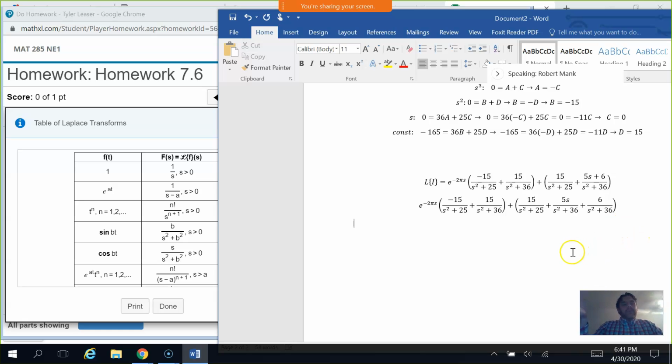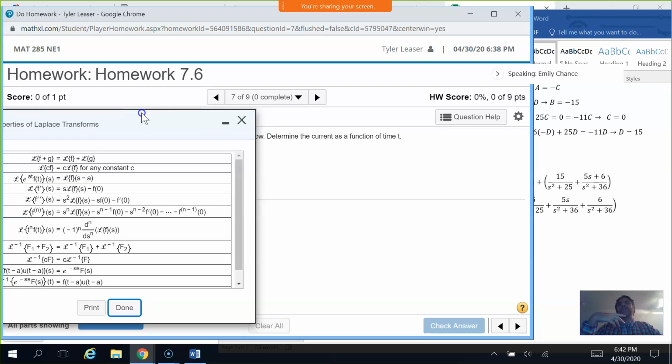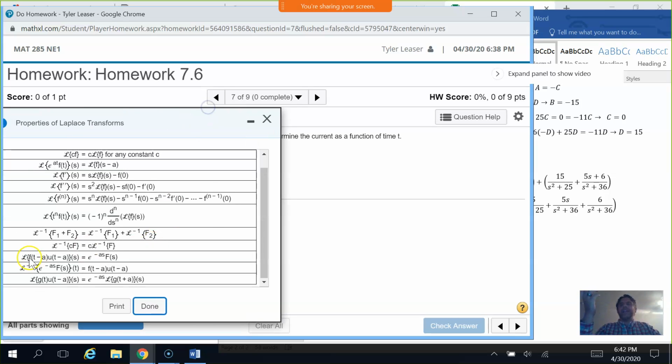The last thing to worry about is to make sure all of the coefficients match what they need to match over here to do the inverses, but we also have to worry about this e thing out in front. That e thing out in front is coming from the other table of properties down here, is that anytime you do have an e to the negative as multiplied on a Laplace transform, then you just do the inverse, but with t minus a plugged in, and then you multiply by that u of t minus a.